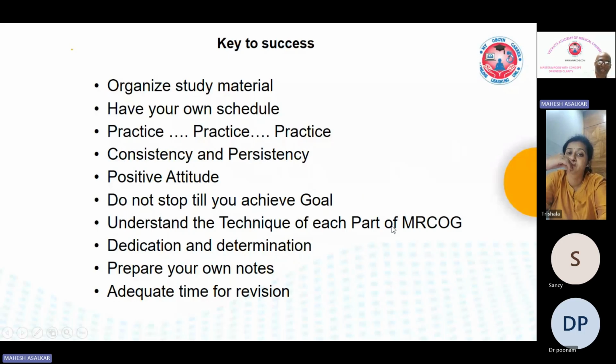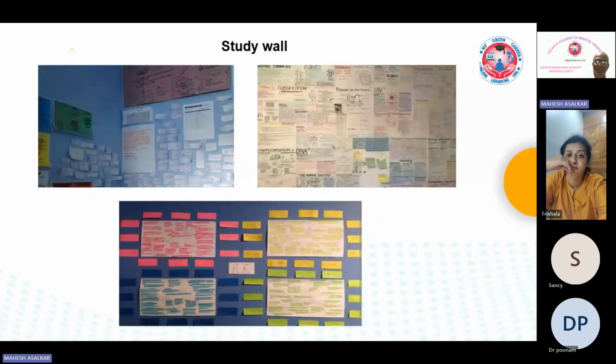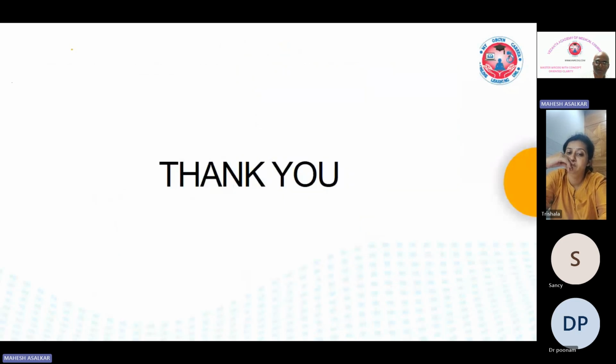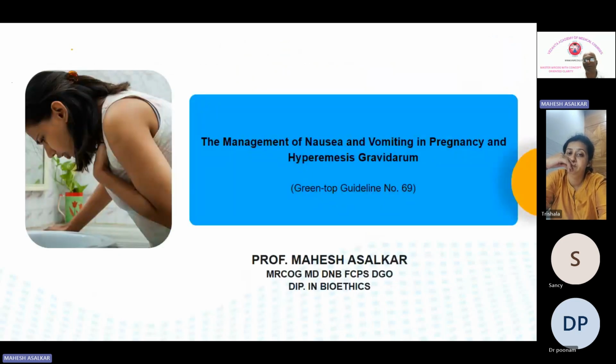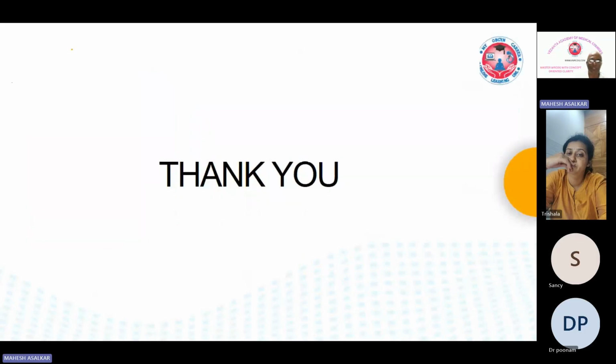Have your own notes and adequate time for the revisions. This is the way the exam wall looks like. Even at this stage, we are working as a consultant. Then also we need to prepare the notes, and it will help your examination well. Okay, so that covers the introduction part.